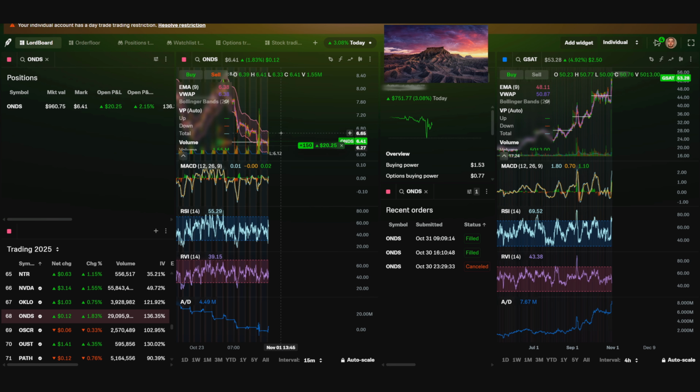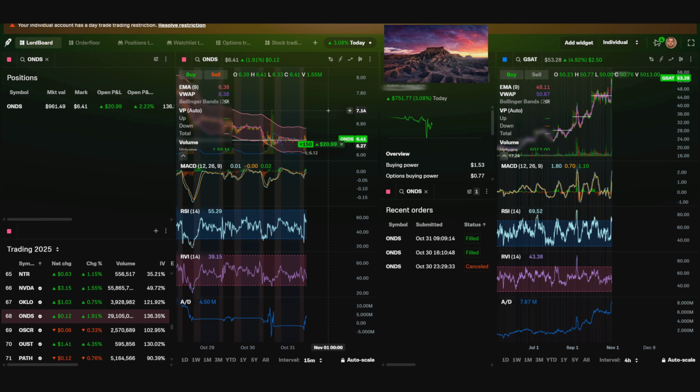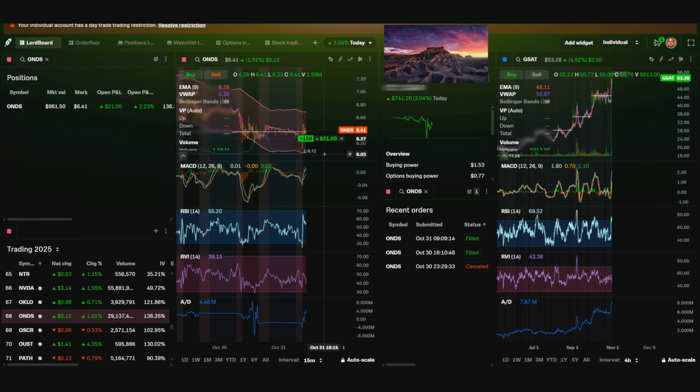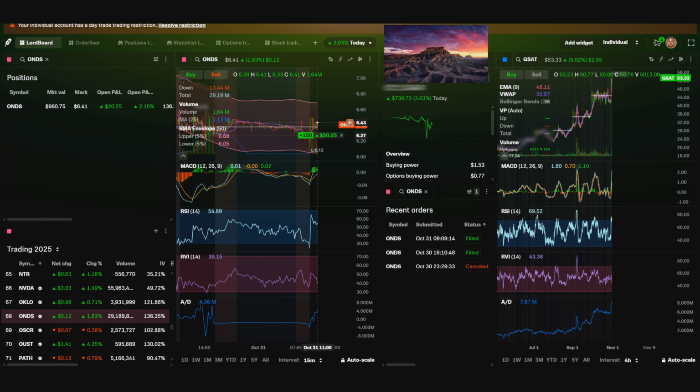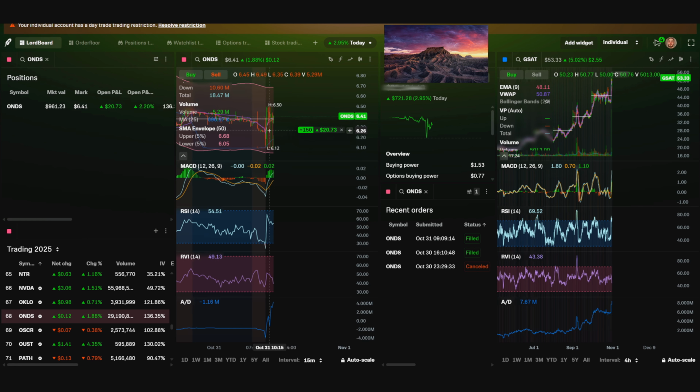We also did work in our simple moving average. That is these pink lines. We got our up, our high, and our low. I'm not going to use the line. I'm not using the regular simple average. We're using the SMA envelope because I already got my EMA. My EMA, I'm not throwing myself off.